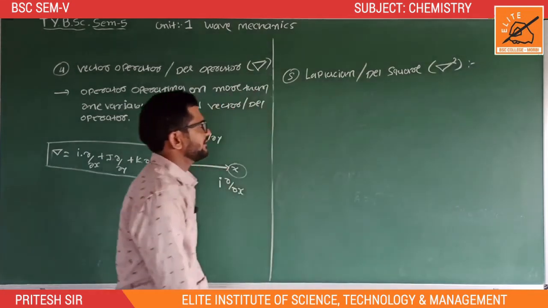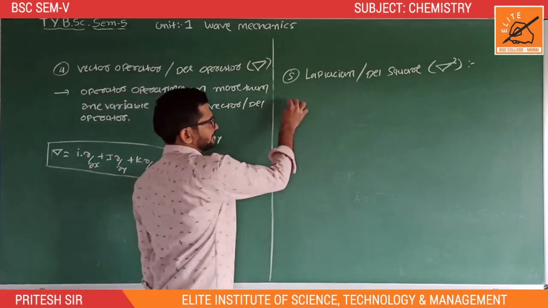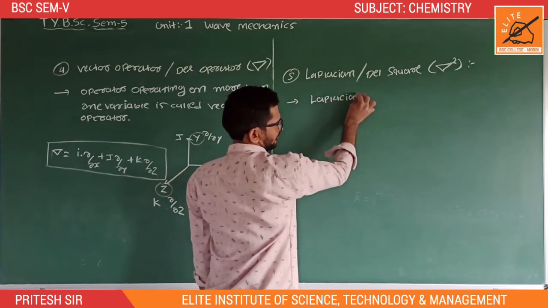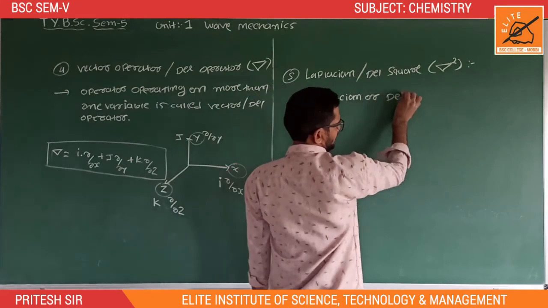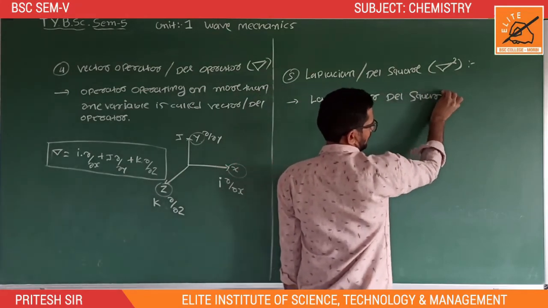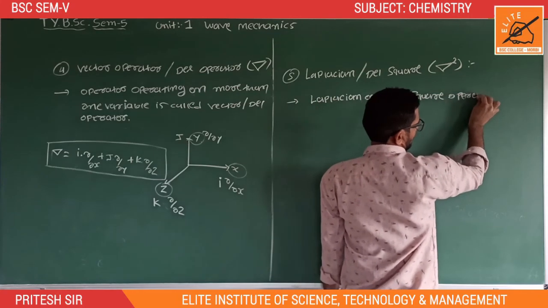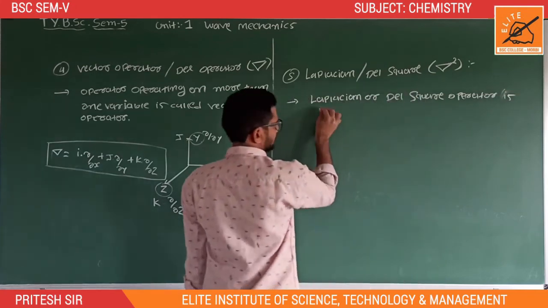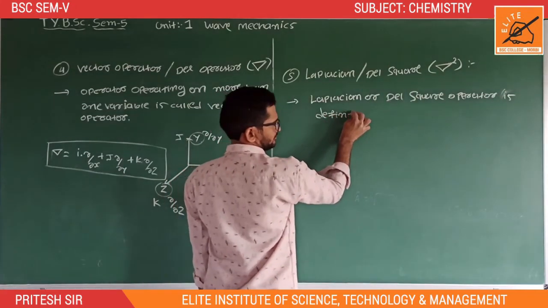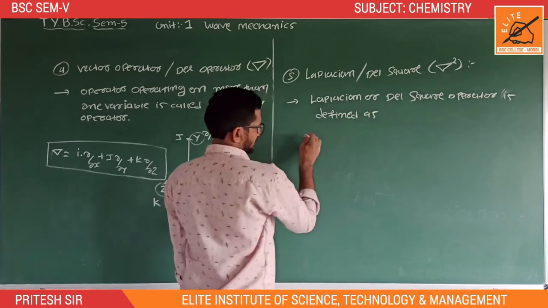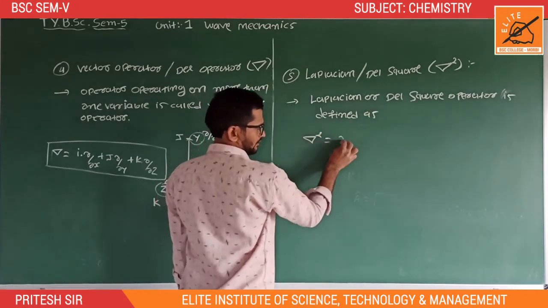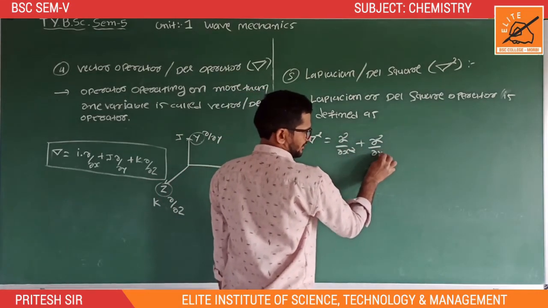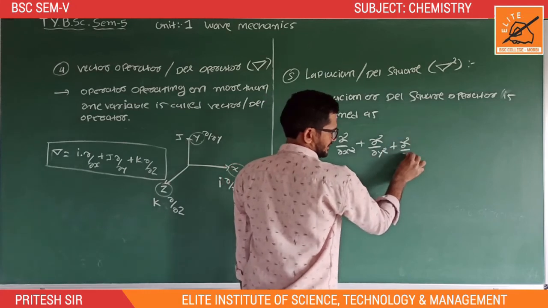So the Laplacian or del square operator is defined as del square is equal to del square by del x square plus del square by del y square plus del square by del z square.